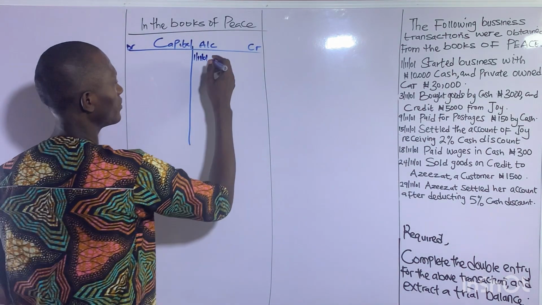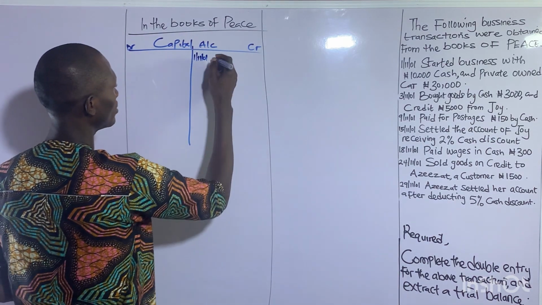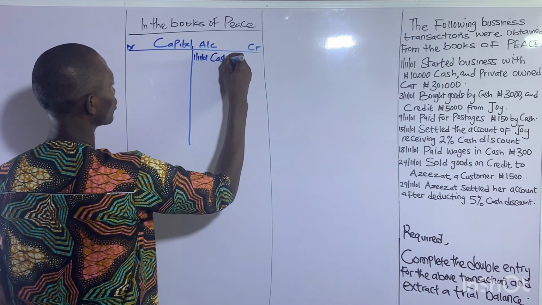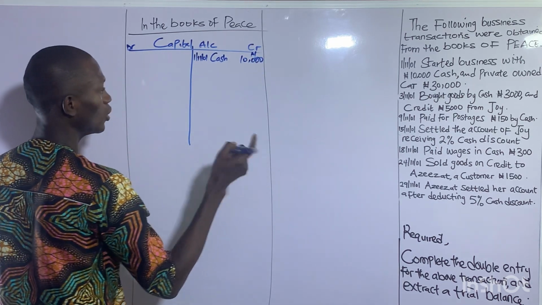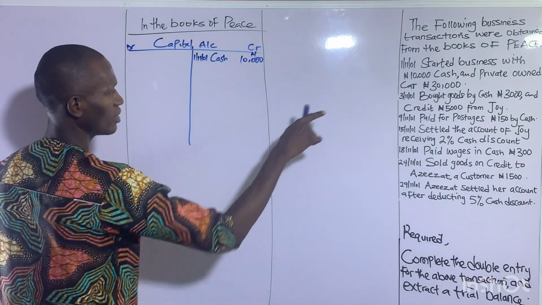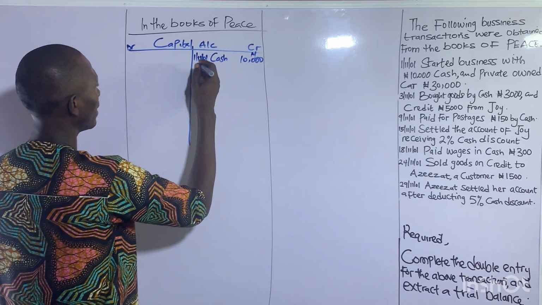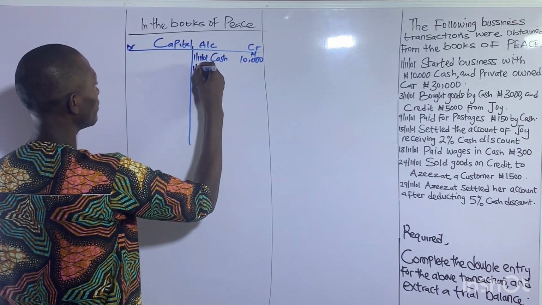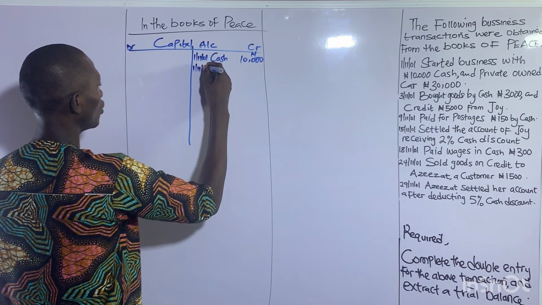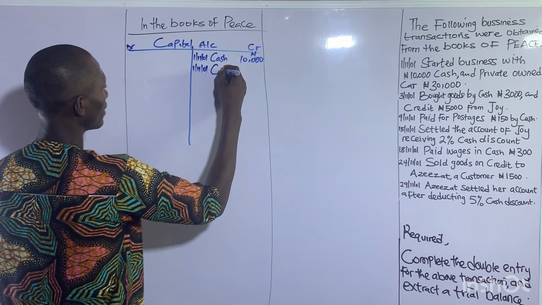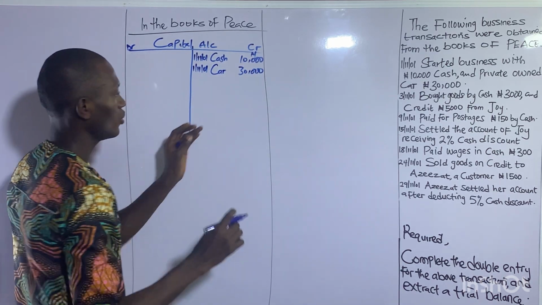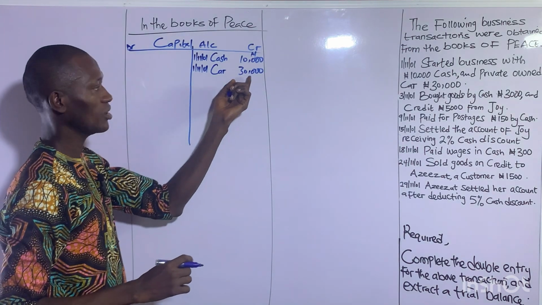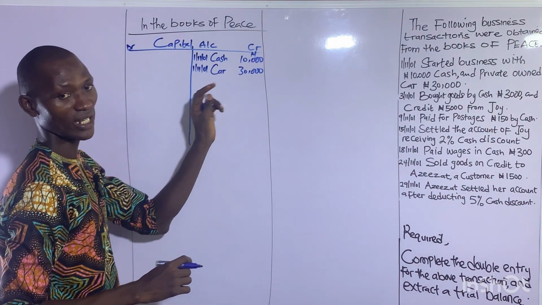Then we have the particulars with which you start the business. The first is cash, and that's 10,000 naira. The second is car, and on the same date, 1/11/01, that's car now, and that's 30,000. The corresponding debit entry of this will go to cash as well as car accounts.